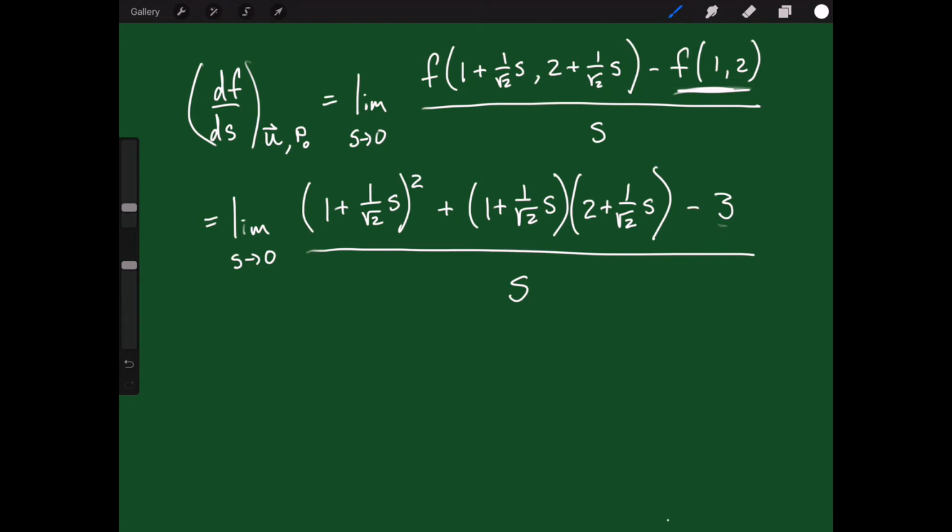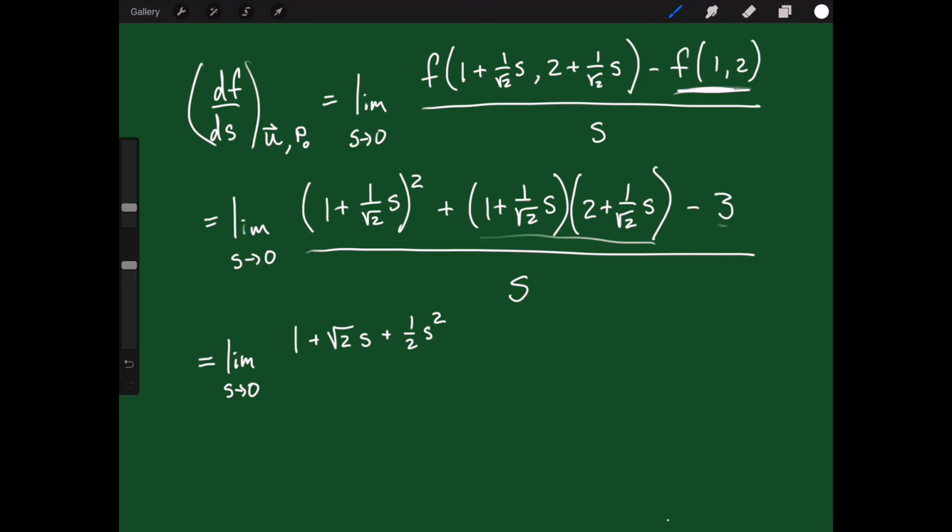So let's square this. So I get the limit as s goes to 0. If I square this out, the first one squared, 1 squared, is 1. Then I get 2 times the first times the second, which gives me the square root of 2 times s. Then I get the second one squared, which is 1/2 s squared. Okay. Then let's FOIL out this second piece.